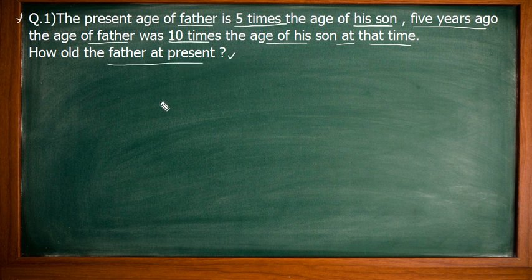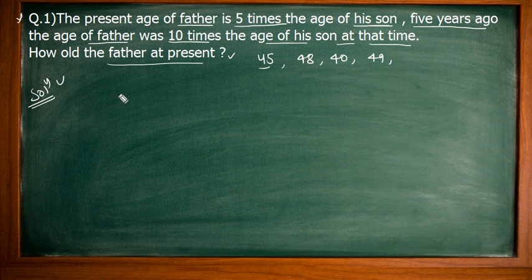This is your question. Your options are 45 and 48, and the next ones are 40 and 49. First of all, solve it yourself if you can. If you are new and you can't solve this question, then I'm solving it on your screen right now.